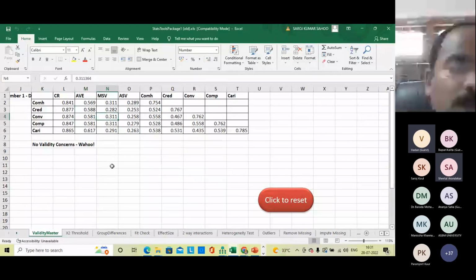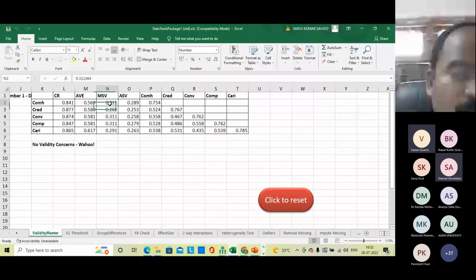MSV value of convenience is 0.311, which is less than the respective AVE 0.581. MSV value of compatibility is 0.311, which is less than the respective AVE value 0.581. MSV value of caring is 0.291, which is less than the respective AVE value 0.617.